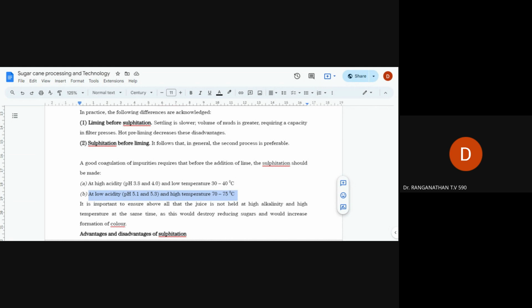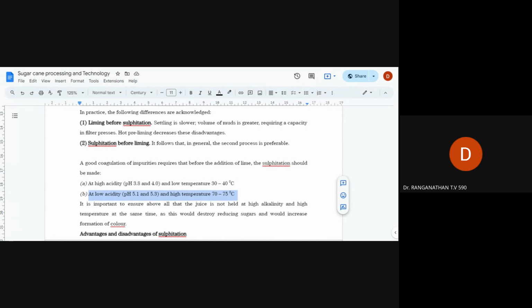Apart from that, when I maintain a higher temperature in the case of liming, in the case of sugars, at a higher temperature we have what is called the caramelization reaction. That is, the sugar starts degrading. It starts breaking down. You get a brown product, which is a polymer of sugar, but which is not sucrose.